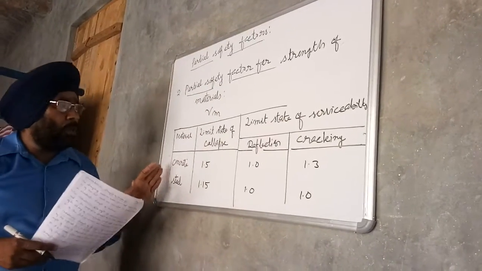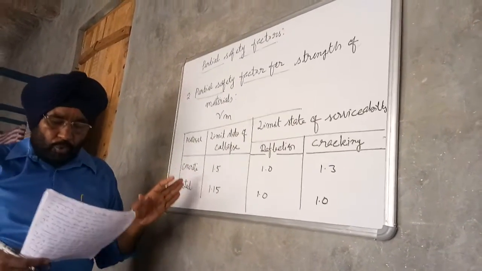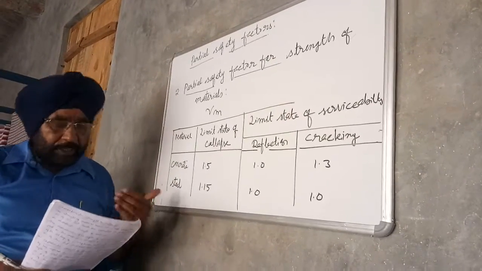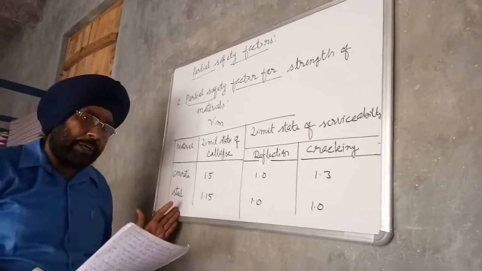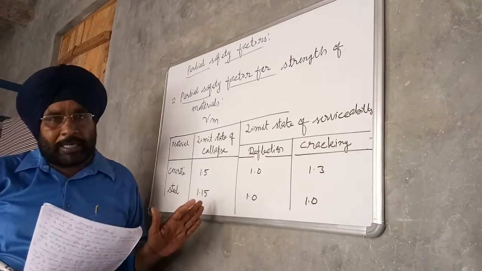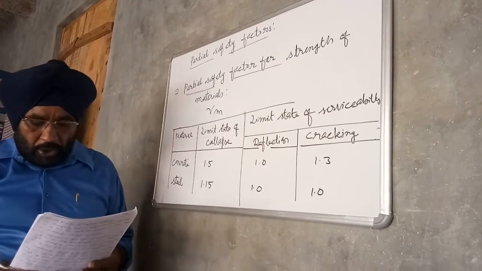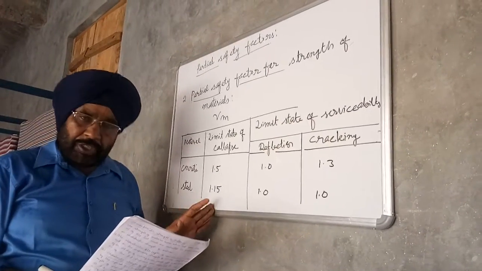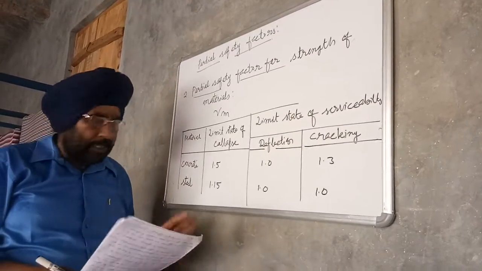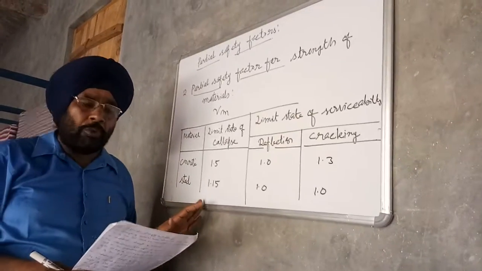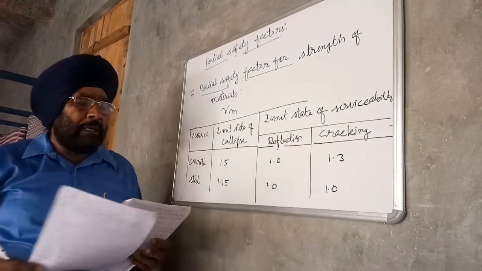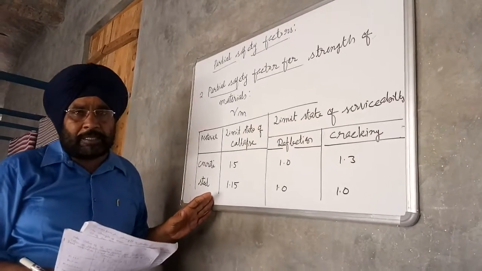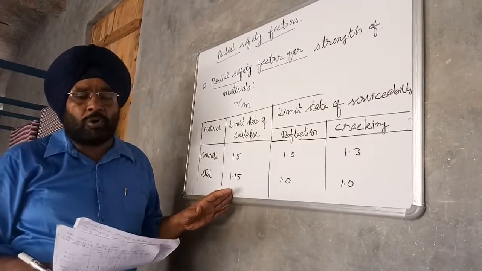So a higher value of gamma m is used for concrete than steel because it is expected that the strength of the concrete may vary from the test results, because of improper performance of concrete operations such as mixing, transportation, placing, compaction and curing of concrete. Whereas chances of deviation for steel from the expected strength are less as compared to concrete.